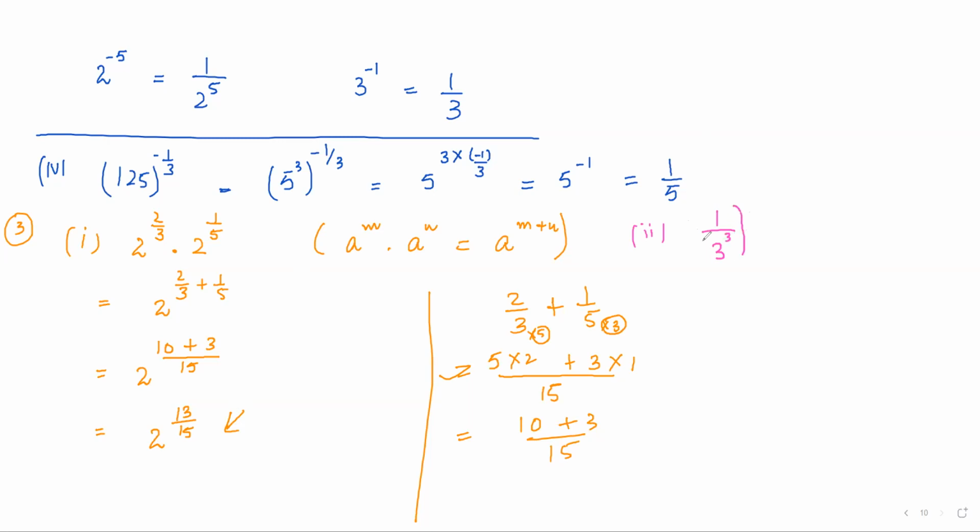Yes. Okay. Now 7, right. How will you do it? First of all, you can write 1 upon 3 to the power 3 as 3 to the power minus 3. Any problem?